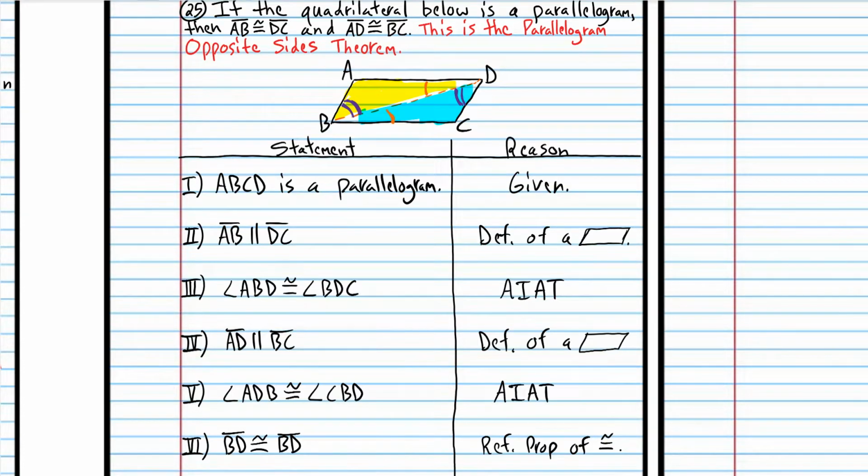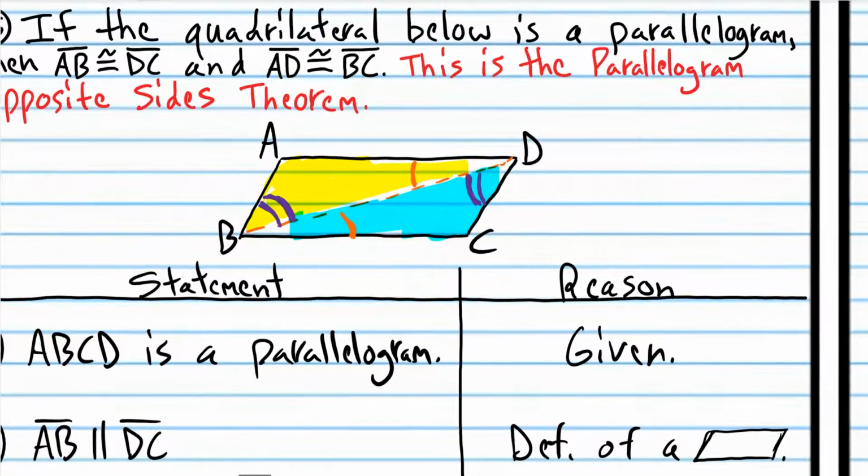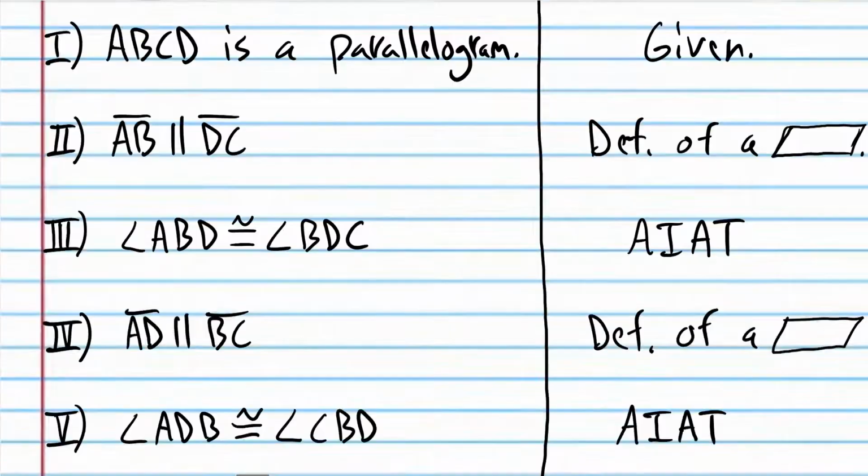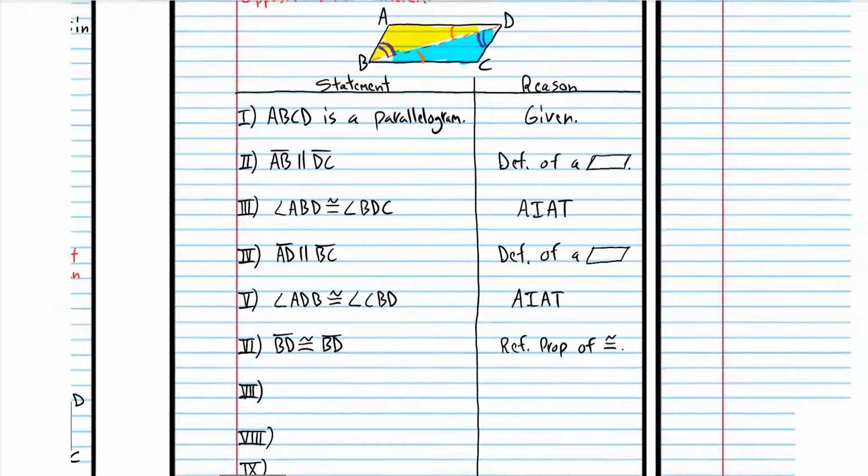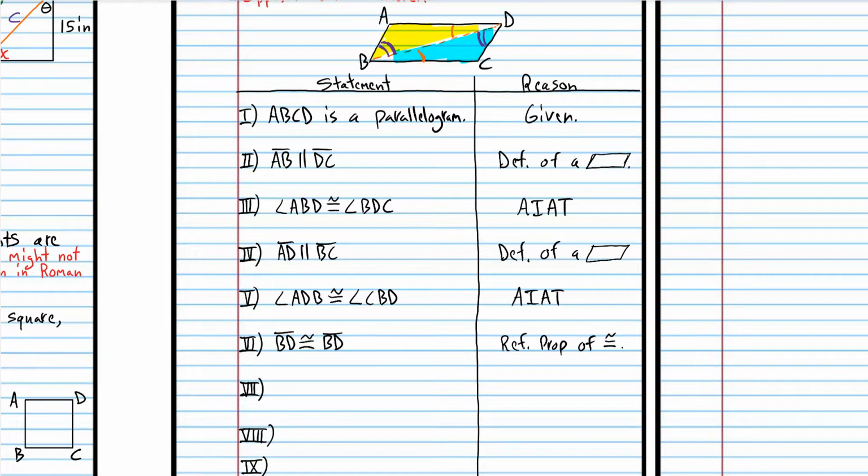So what that means is, because we have two triangles that have two pairs of congruent angles and the side in between those angles is also congruent, we can say that the two triangles, the yellow triangle and the blue triangle, are congruent by the ASA triangle congruence postulate.